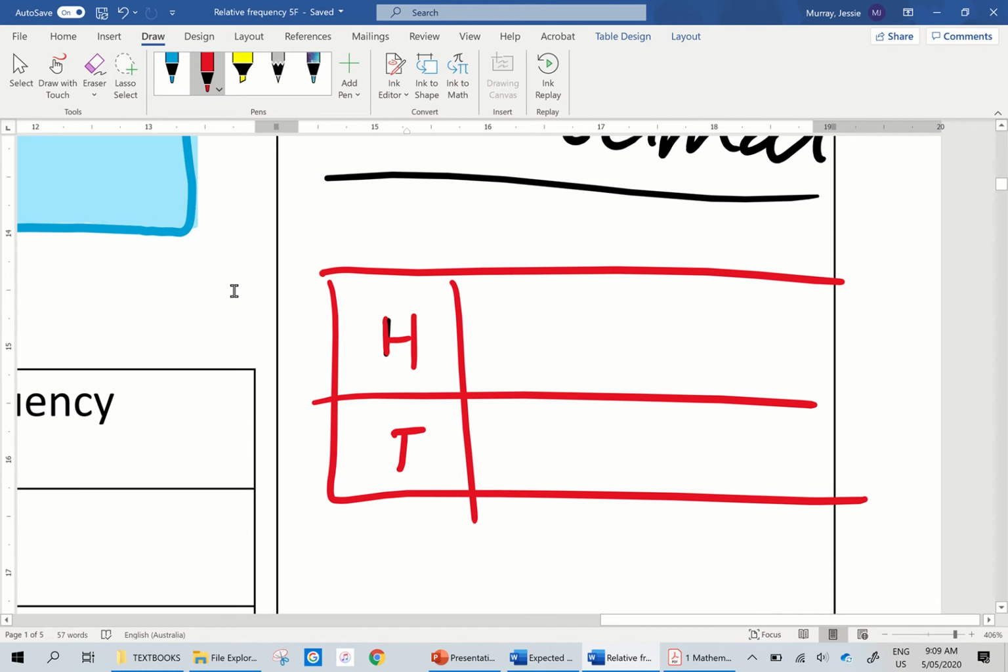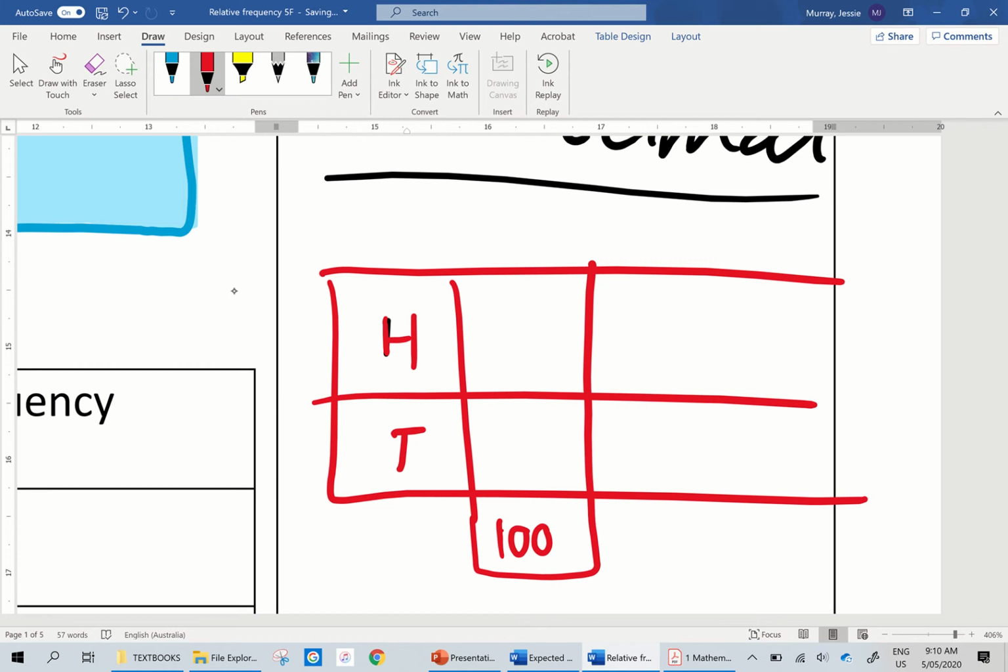Now let's say I did this experiment. I flipped the coin 100 times in total and I got 30 heads and 70 tails, which is the idea. We aren't in a perfect world where we actually are going to get 50 and 50. However, this is probably a little bit far apart from what we were expecting.